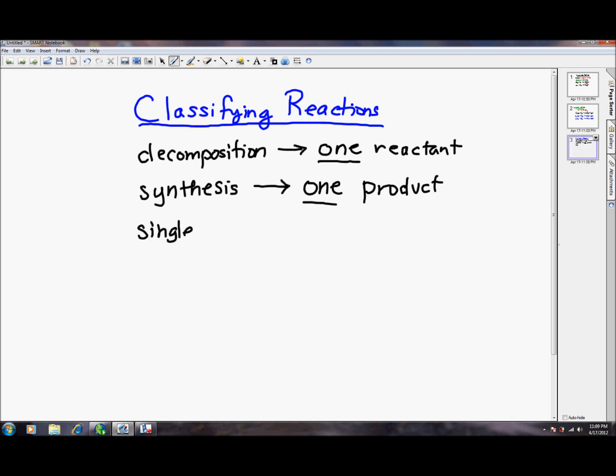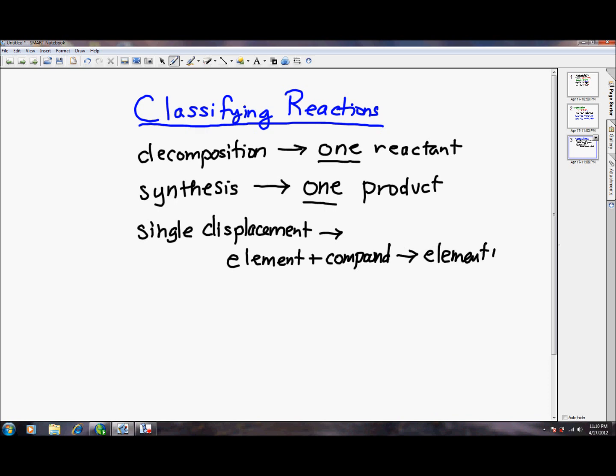So how do you pick out the single displacement? These can be identified as an element plus a compound, and that produces a different element and a different compound.